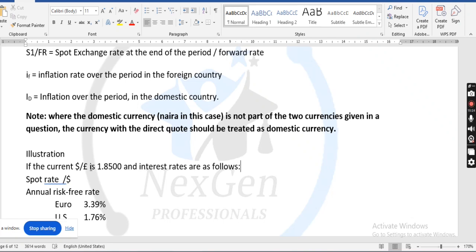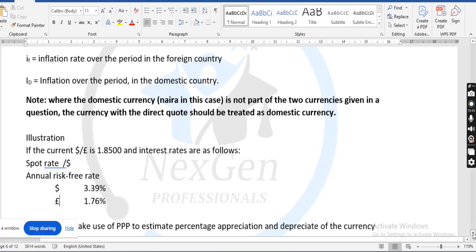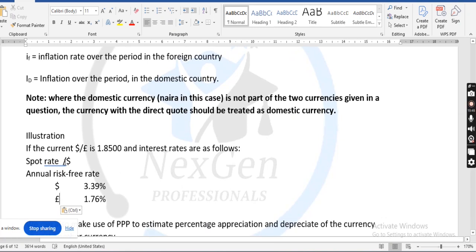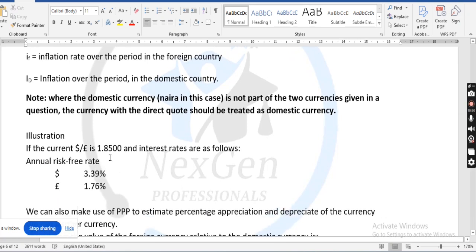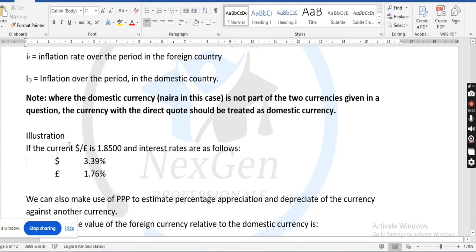The rates for dollar and euro are as follows.